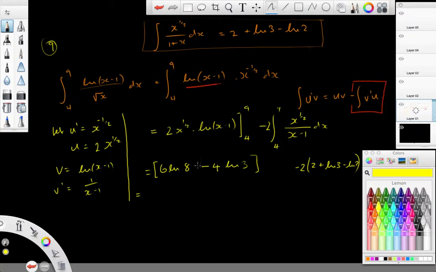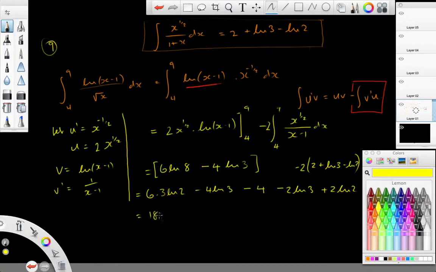Right. Now, this log 8 here, remember, log 8 is log of 2 cubed. I think it's going to be useful for me to combine these together, so I'm going to write that as 6 times 3 log 2 minus 4 log 3 minus 4 minus 2 log 3 plus 2 log 2.